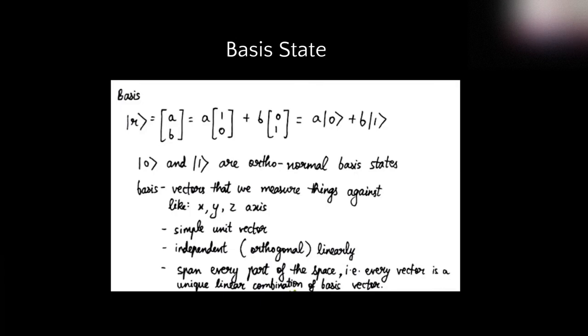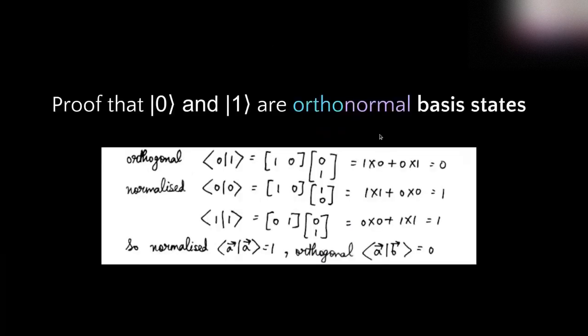And every vector can be a unique representation of the linear combination of these two basis states. Like over here, ket r, a and b can be just any number, and they can be represented as a linear combination of ket0 and ket1. So proving that ket0 and ket1 really are orthonormal basis states.